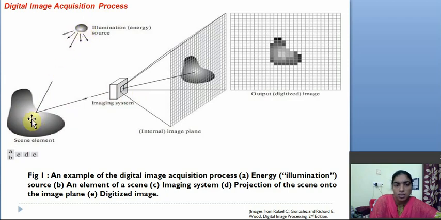The object absorbs some of the light, and some light energy is reflected from the object. The imaging system takes that reflected signal and converts it to an electrical signal based on the sensor.